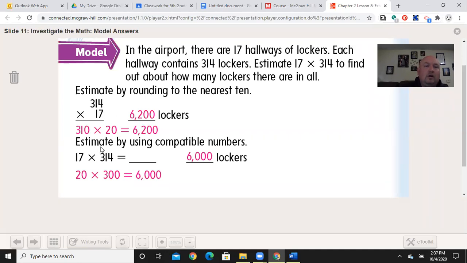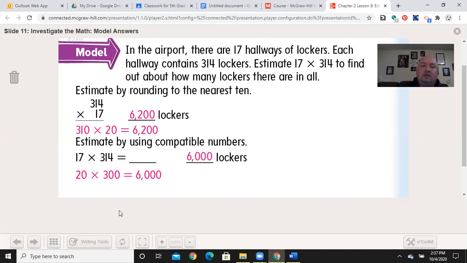This is all rounding. Now here I'm going to use compatible numbers. In that case, I'm still going to go to 20. 17 rounds up to 20. 20 is a number that I can use pretty easily. But the 314, instead of going down to 310, I'm going to go all the way to 300. Yes, the product will be a little bit different. But again, that word "about" tells me that I don't have to be perfect.